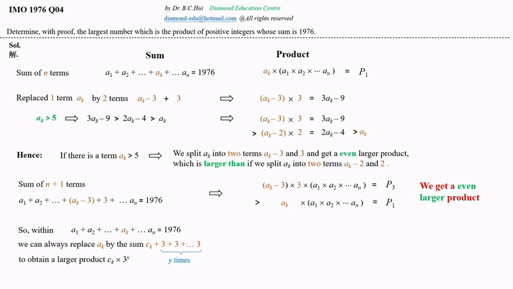So a better way is to find how many threes we can obtain by dividing 1976 into different parts, plus another term, ck. And the larger product will be ck times 3 to the power y, where y means the number of threes we can find within 1976.